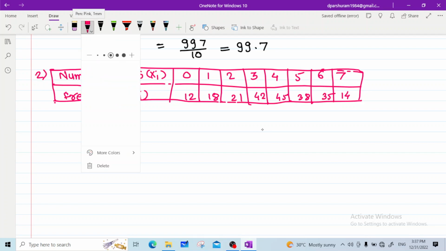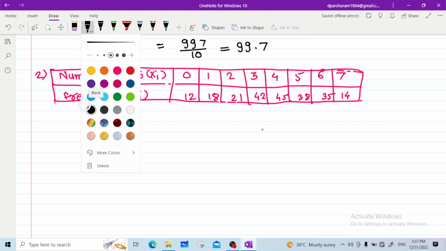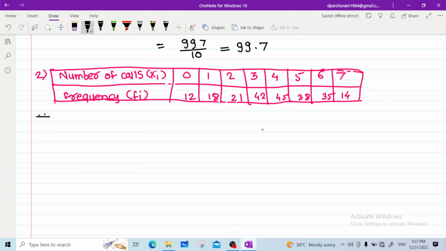For this example, we have to construct a table. This is the problem of the arithmetic mean of a discrete frequency distribution. So here we have to use the formula x bar is equal to summation fi xi divided by summation fi.